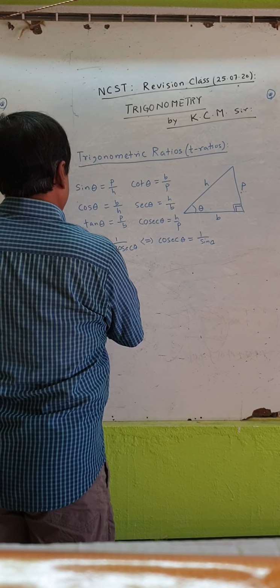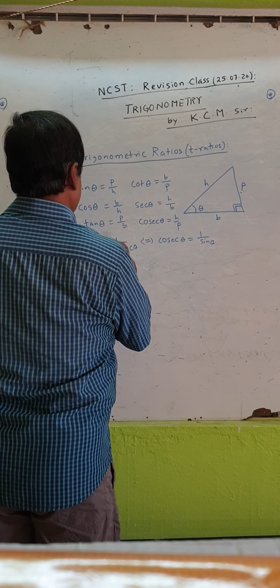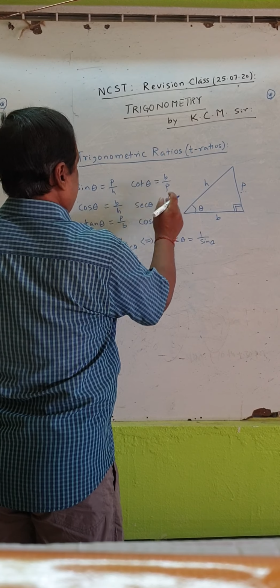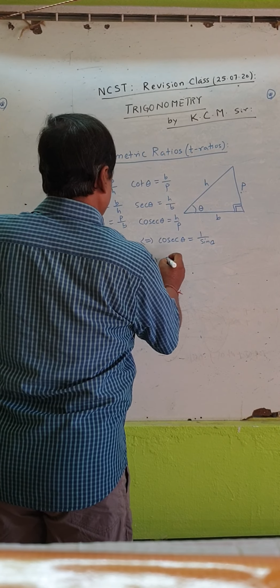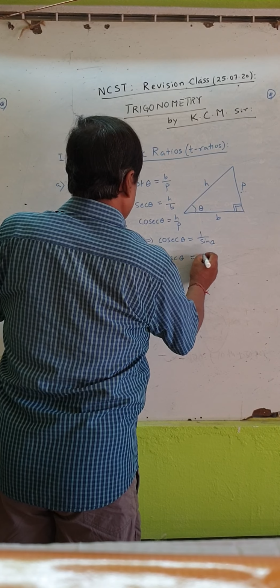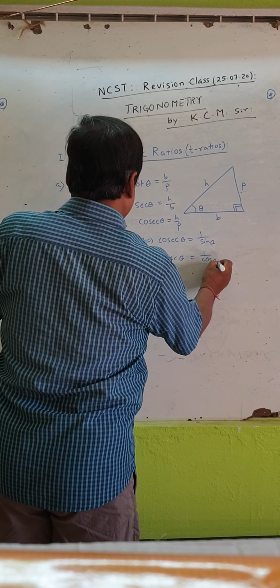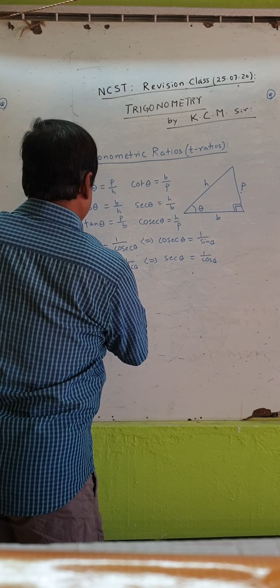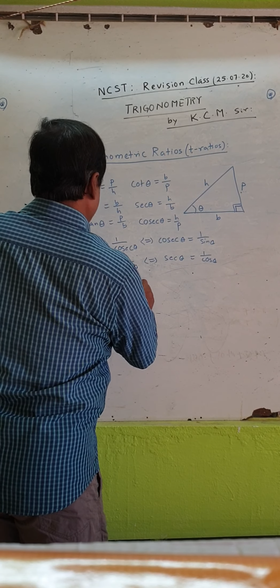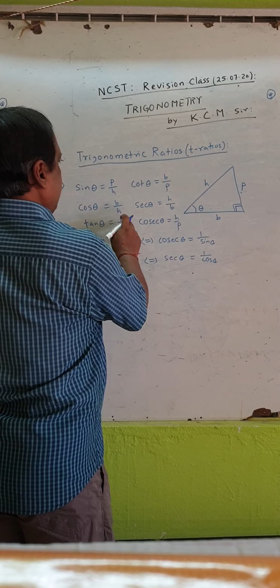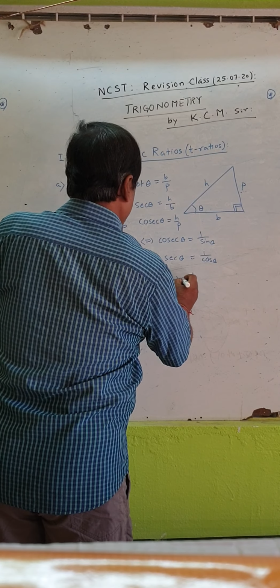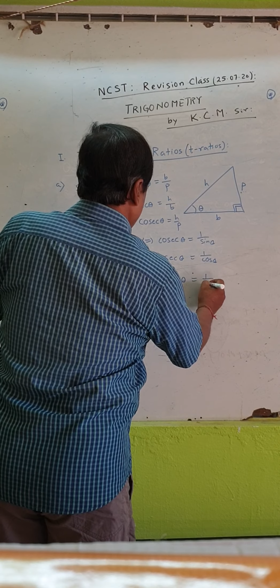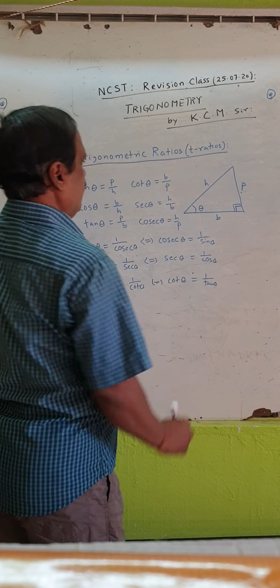Similarly, cos theta is B by H, sec theta is H by B. So cos theta is 1 by sec theta, which implies sec theta is 1 by cos theta. Then tan theta is 1 by cot theta. This is P by B, this is B by P. This implies cot theta equal to 1 by tan theta.